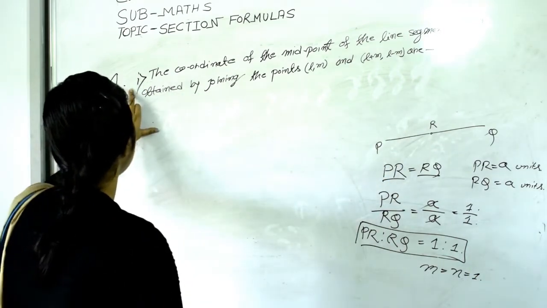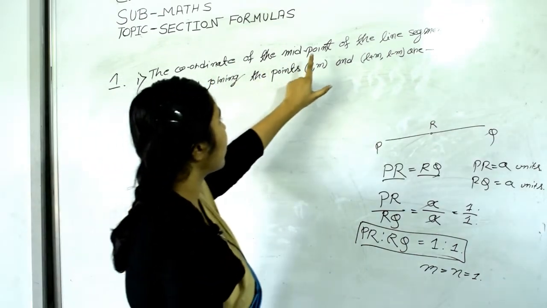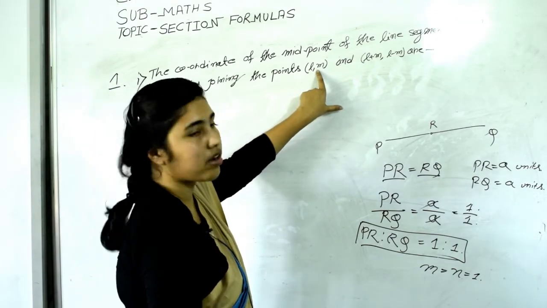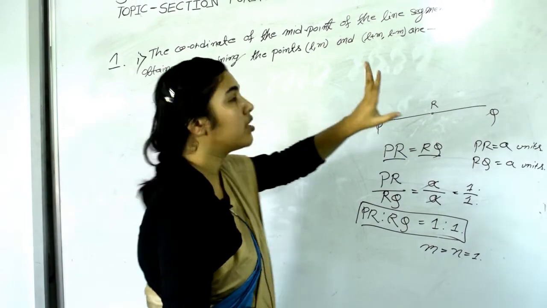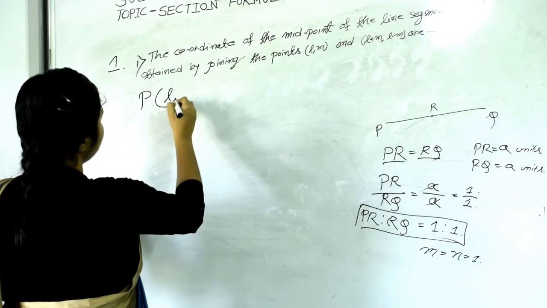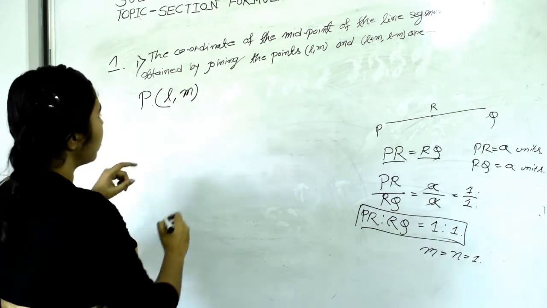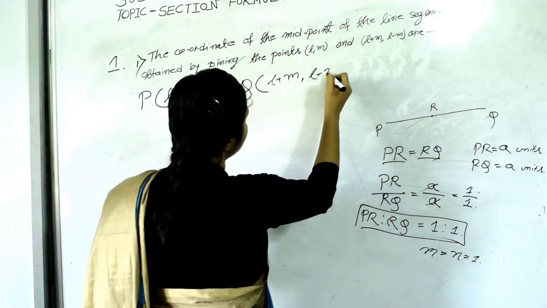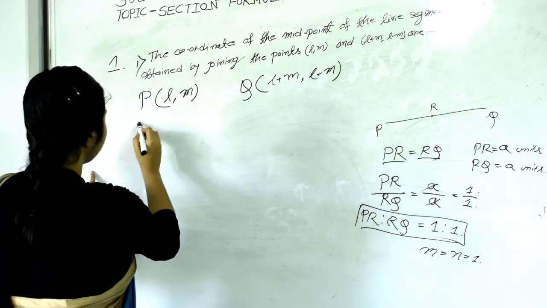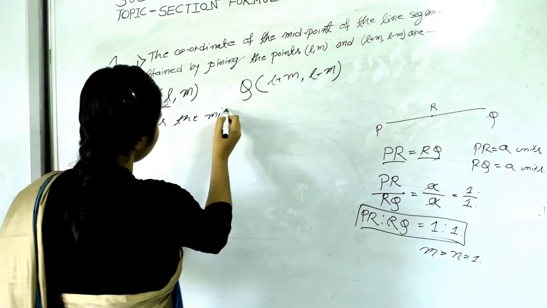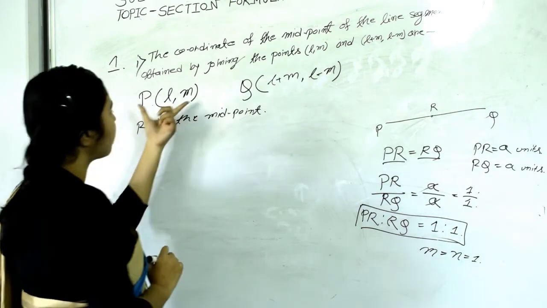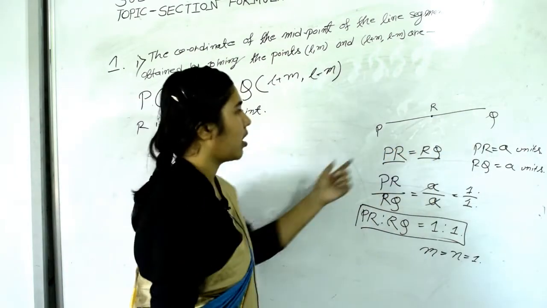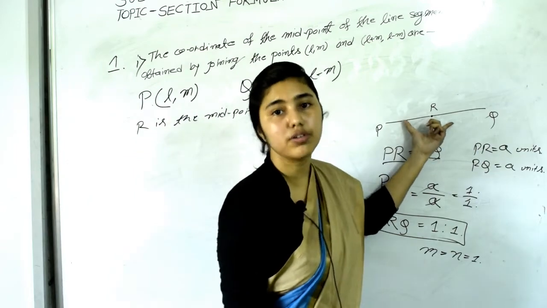Now come to your question number 1. The coordinate of the midpoint of the line segment obtained by joining the points L, M and L plus M, L minus M. So suppose consider the coordinate of the point P as L, M and the coordinate of Q as L plus M, L minus M. Now suppose R is the midpoint of the line segment P and Q. Now in this case R divides the line segment PQ internally.